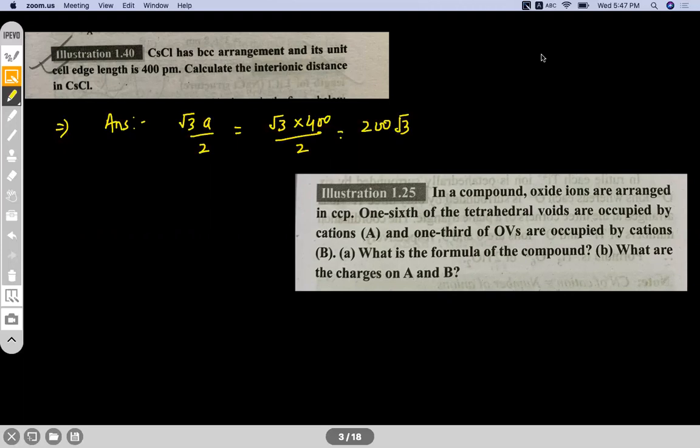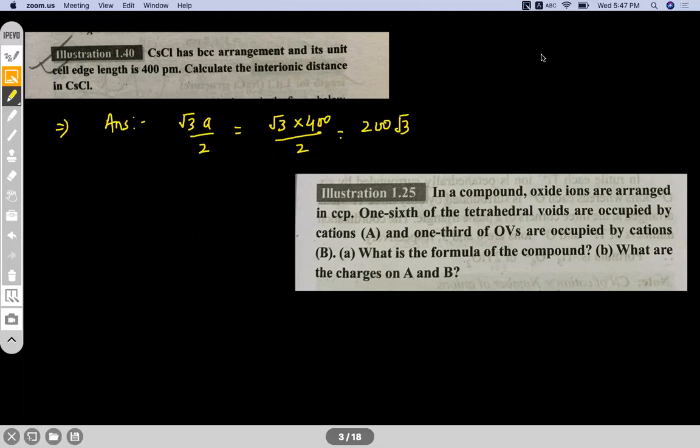See, the crystal should be neutral, right? A and B will have the same, A2B2O3. So we'll have various possibilities. For part B, yes, A plus B should be 6, and then you can write down the possibilities that we have.